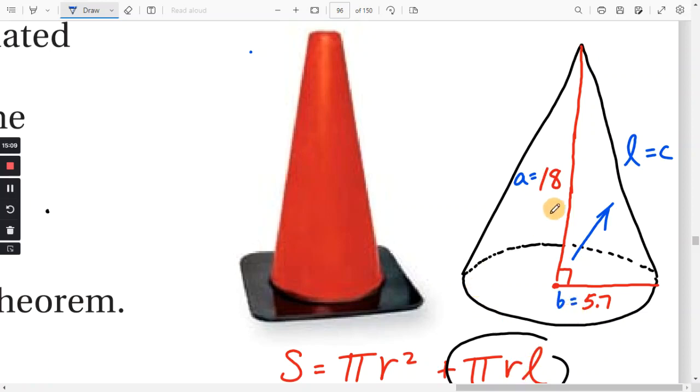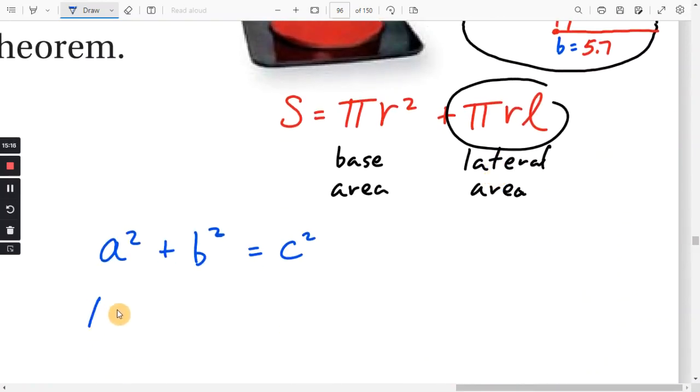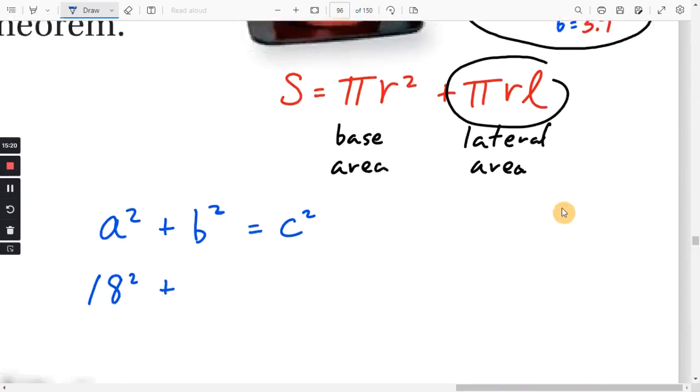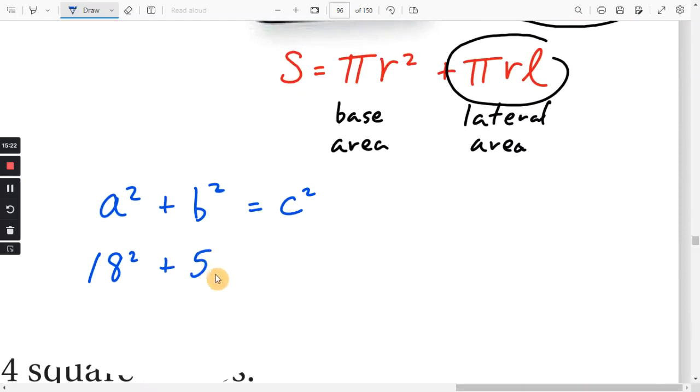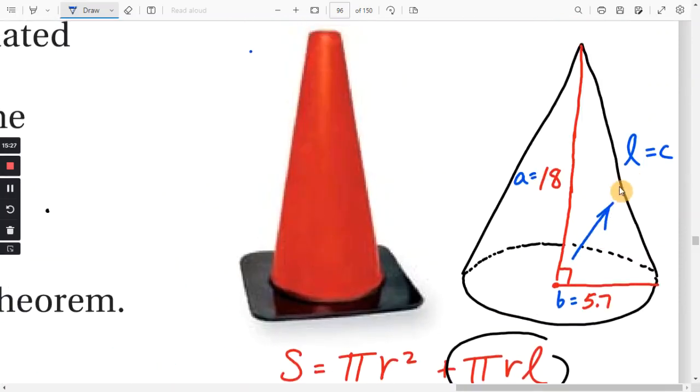Once you get the hypotenuse, it doesn't matter which is A or B. So A squared is going to be 18 squared, and B squared is going to be 5.7 squared, and C squared is going to be L squared.